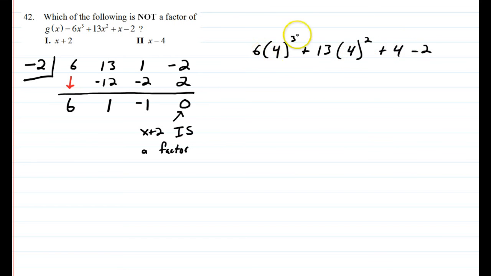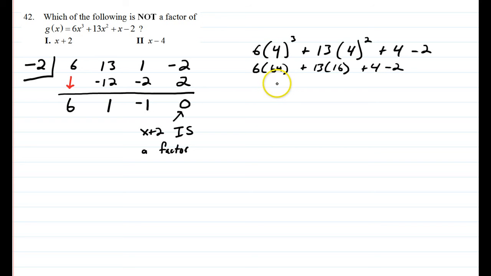Now, I wouldn't do it for this problem simply because the numbers are ones that I'm not going to be able to do in my head. But 4 to the third is 64. And so this becomes 6 times 64 plus 13 times 16 plus 4 minus 2.